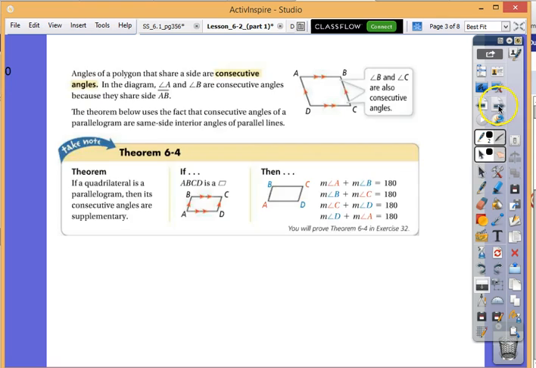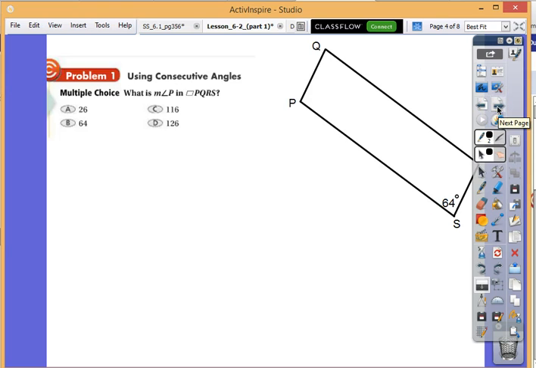All right, so we could get problems involving consecutive angles. What would be the measure of angle P in this drawing? Well, we know that PQRS is a parallelogram. So the measure of angle P plus any consecutive angle, and in this case, a consecutive angle is angle S, would equal 180 because they're supplementary.